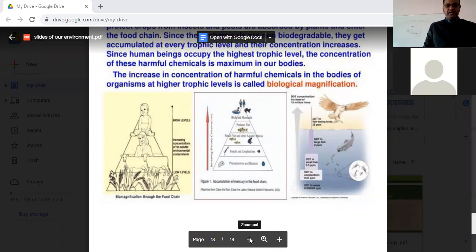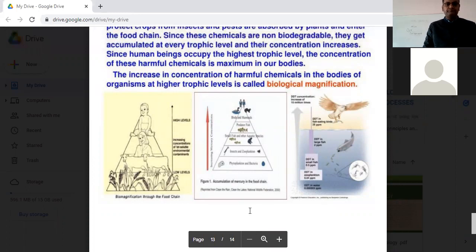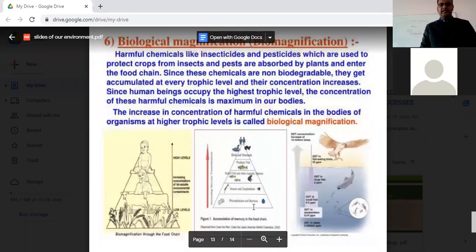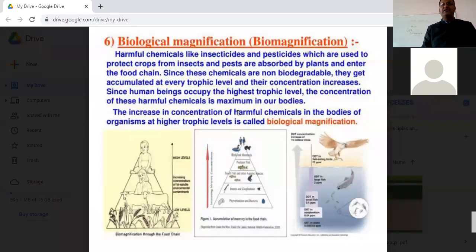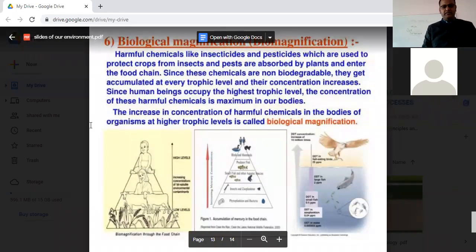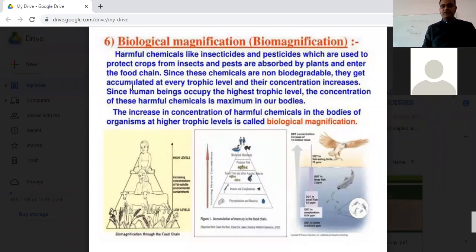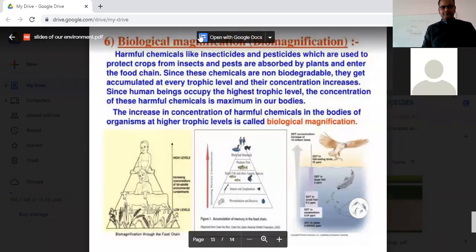Here, students, I am asking you one question. Can you tell me why the vultures are not extinct, but they are on the verge of extinction? Why has the population of the vultures decreased so much?